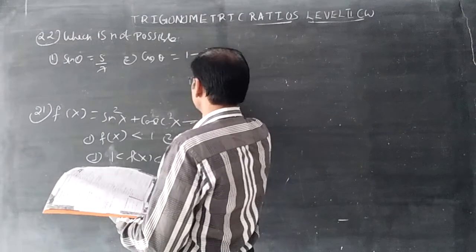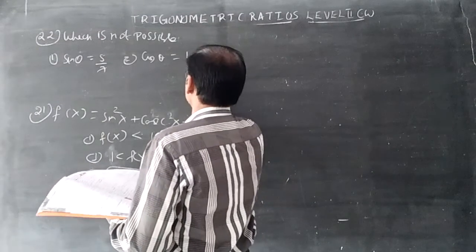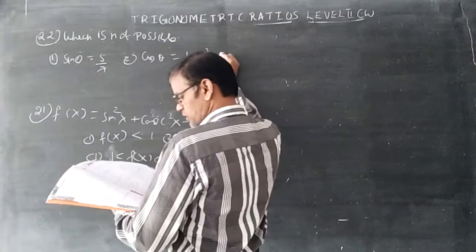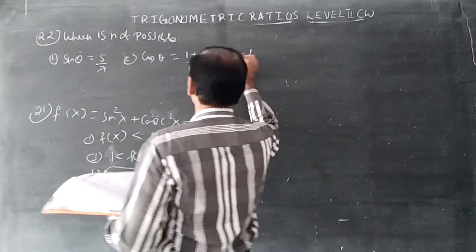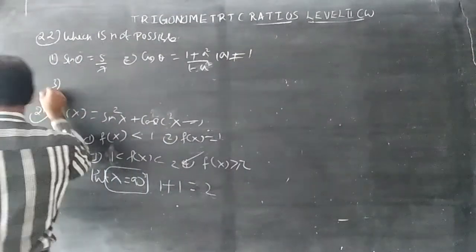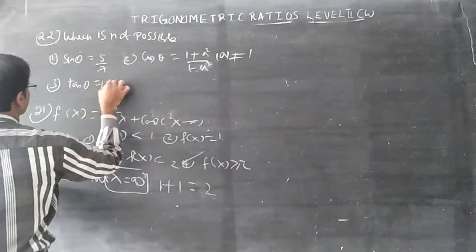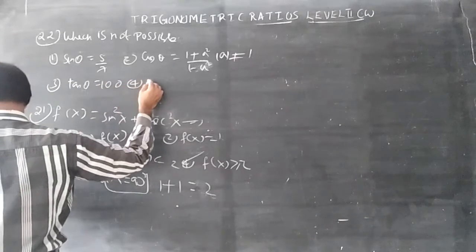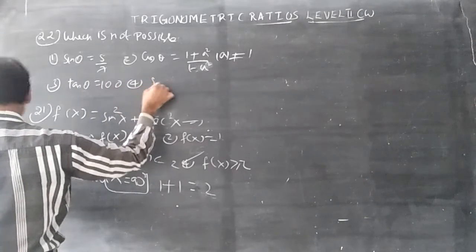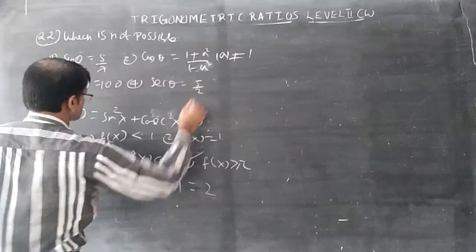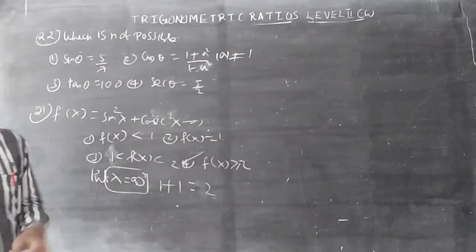Cos theta is equal to 1 plus a square by 1 minus a square, mod a not equal to 1. And the third one, tan theta is equal to 100. And the fourth one, secant theta is equal to 5 by 2.